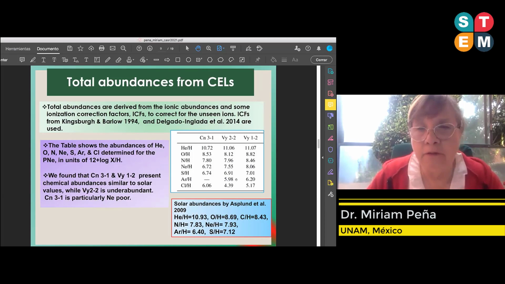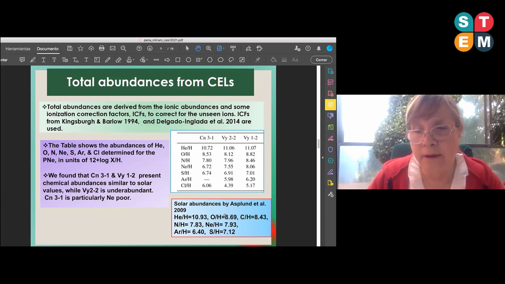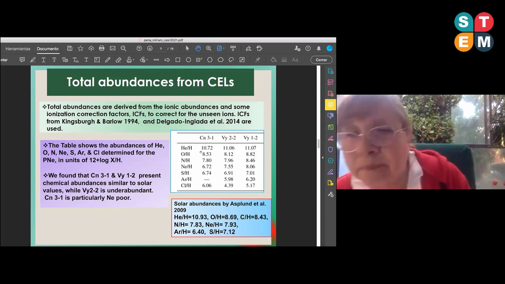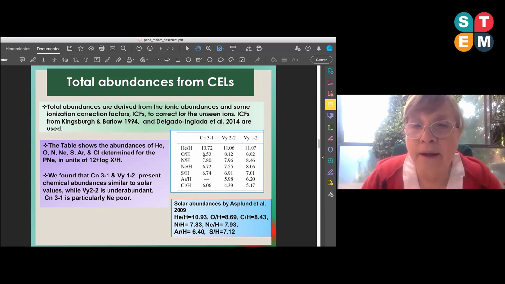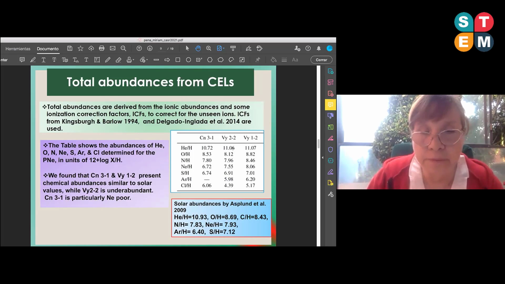We can see, for instance, that comparing the oxygen abundance in the Sun, which is 8.69, with the abundances derived for these three objects, CN31 and BY12 show solar abundances in terms of oxygen. However, BY22 is underabundant in oxygen.